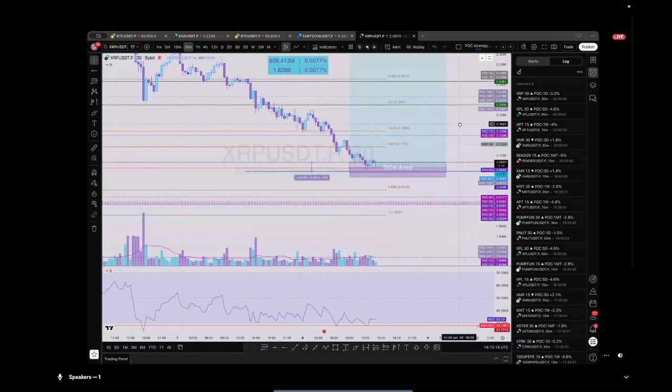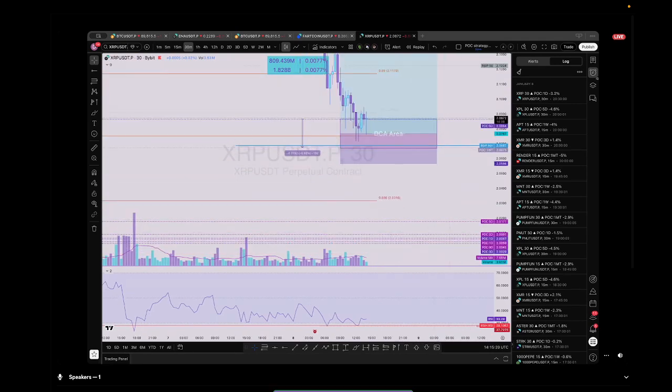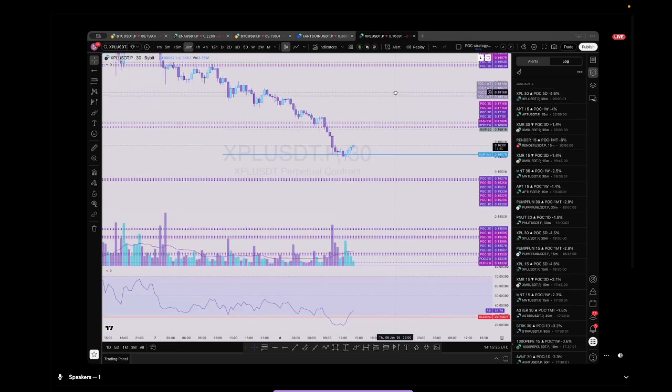So XRP, you see, is too far away. Oh, this looks nice.